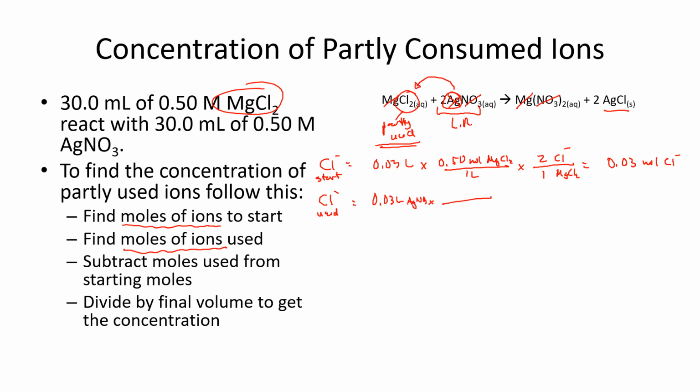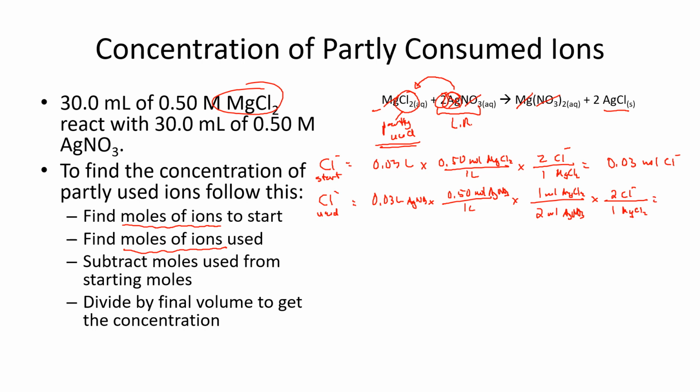And then we're going to use the molarity, that many moles of silver nitrate for every liter. And then we use the coefficients for the mole ratio. So 2 moles of silver nitrate for every 1 mole of magnesium chloride used. And then we want chlorine ions, and there's 2 chlorines for every 1 magnesium chloride.